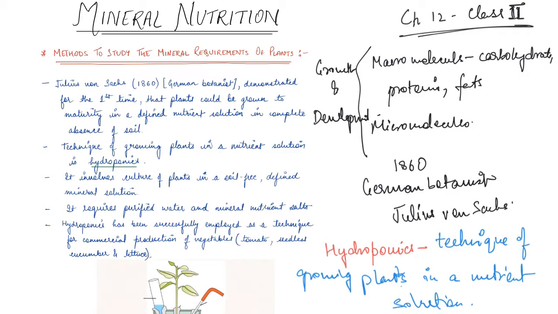So it's basically a hit and try method, and then we obtained a mineral solution which is suitable for plant growth, right? So we identified the essential elements, we added all these elements, and we also saw what deficiency symptoms they caused if they are not present, right?